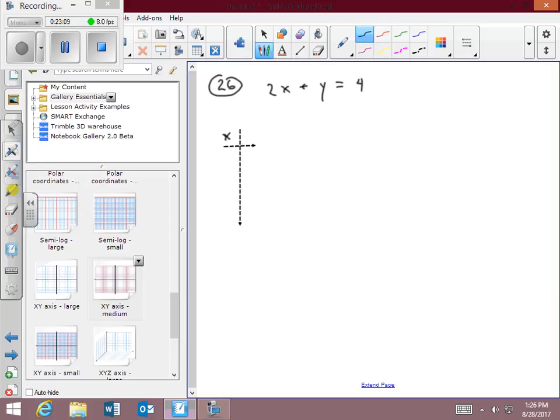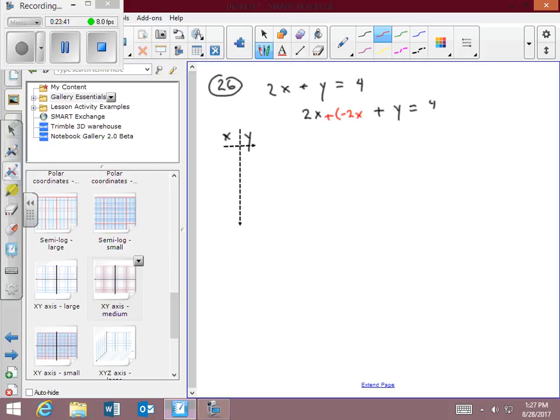So if we did the T method for this, and we go X and Y. But in order to do that, we would have to isolate that Y. Now in order to isolate that Y, I need to get rid of this 2x on this side.